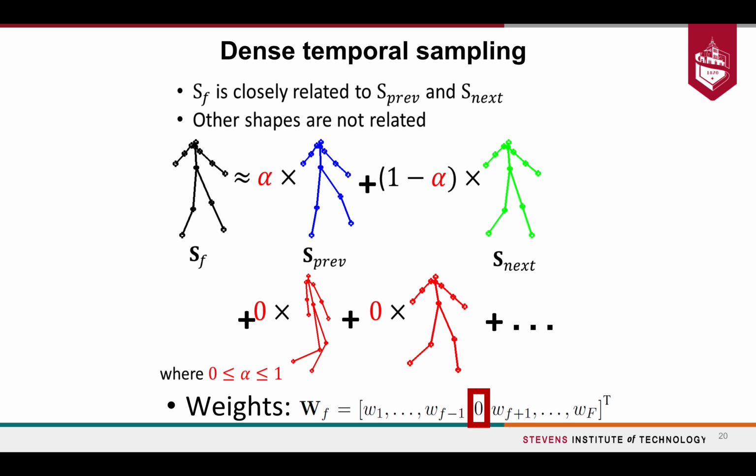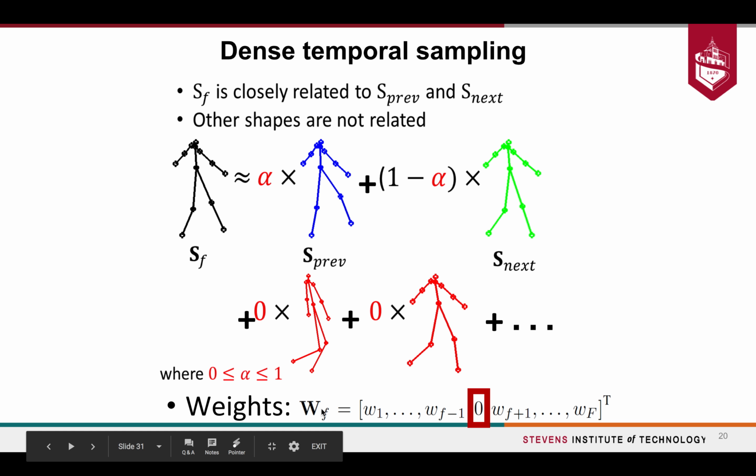Here is the principle. They suppose that, based on observation, frame F can be expressed as a linear combination of the two nearby frames, and the coefficients are between 0 and 1 and sum to 1.